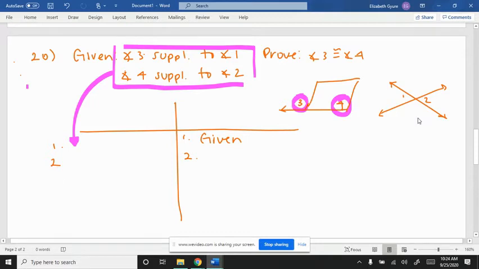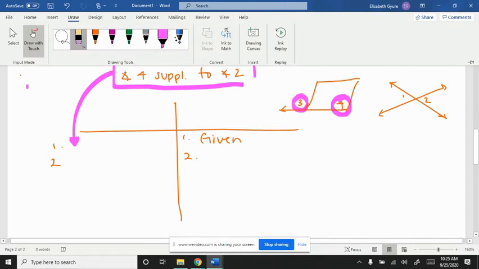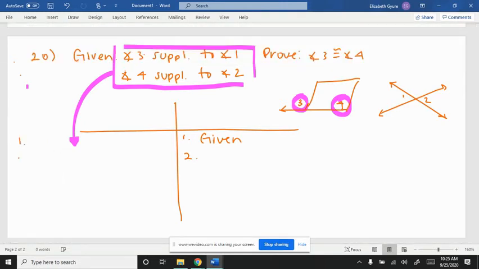Vertical angles, and we know vertical angles are always congruent, which means they'll have equal measures, which means will we then be able to subtract them out from our equation and just end up with 3 and 4? Yep. I know I kind of did that fast, but let's write it down. Let's see what happens here. So, scoot this over so I have more room to write.